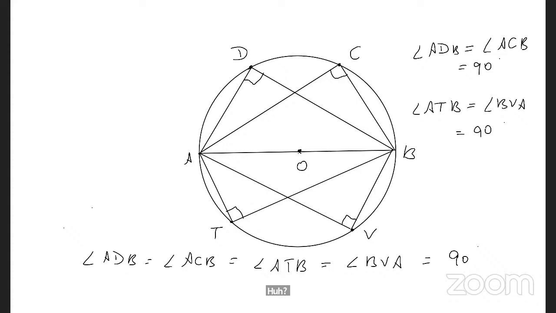Okay, so this is a property. If the question comes for you to prove that the angle in a semicircle is a right angle, you can draw these two triangles and show how the angles made will be 90 degrees.